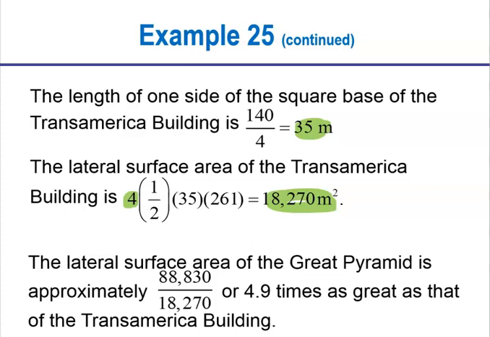But I liked this way, the bigger one on top. So the Great Pyramid is 4.9 times, I think we said 4.86. So they didn't tell us where to round, so we just took it out 2 decimal places instead of the 1 decimal place. All right, pretty clear on this, but be careful about when they say lateral surface area versus other things.